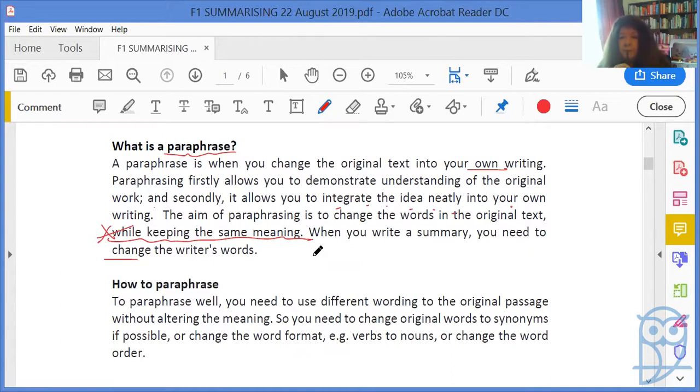For example, police in Joburg said a man fled from an accident because he didn't want to deal with his wife yelling at him. Now, if you had to put that into your own words, maybe you could reverse the order and change some of the words. You start with, a man in Joburg seemed to think that leaving a car crash scene was preferable to listening to his wife shout.